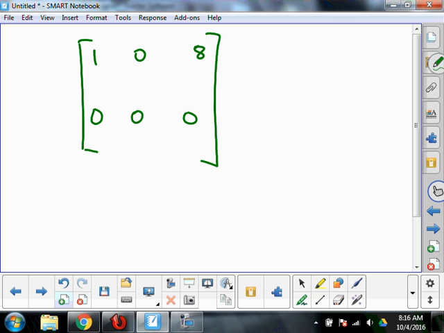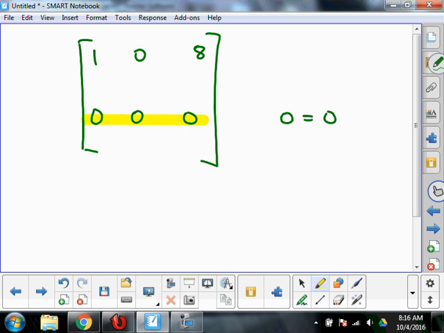Let's think about that. What did we obtain here in this second row? Oh, we obtained something. Hold on a minute. We got 0 equals 0, which is an identity. Remember what that told us when we solved using algebra?